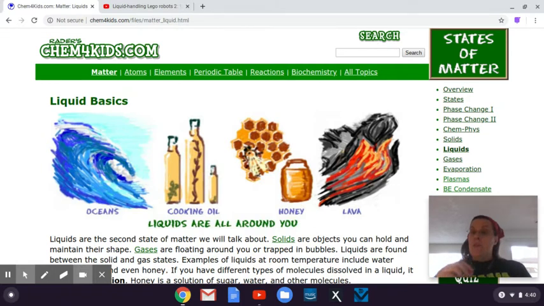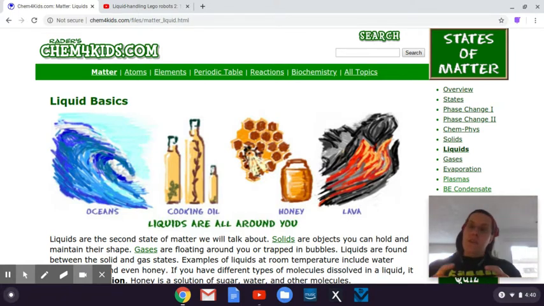Second, when we do the liquid lab, physical change. We're going to be going over physical changes as well, because you can change these compounds or these elements, and you can make them into a liquid, a gas, or a solid. So we're going to go ahead and do the phase changes this week.